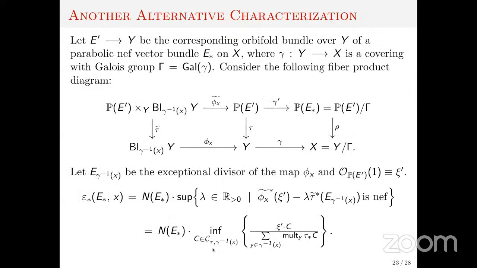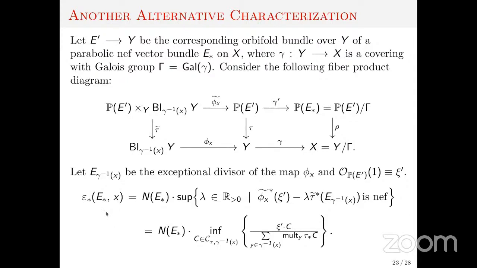I mean, it intersects gamma inverse of x, but does not entirely contain gamma inverse of x. It only intersects gamma inverse of x. So this is the relation between the Seshadri constant of E prime and the Seshadri constant of E star.